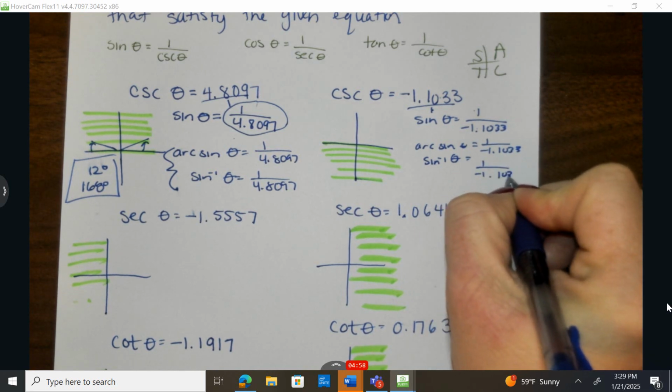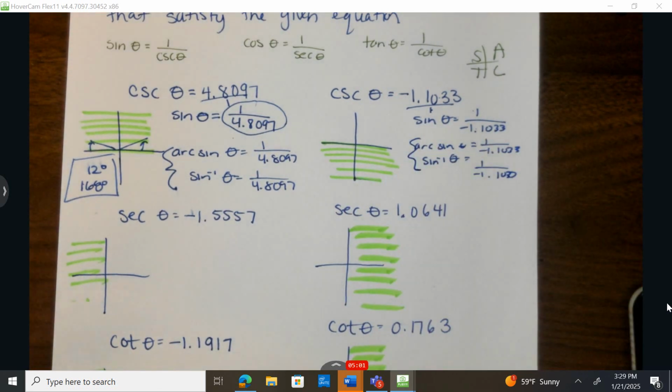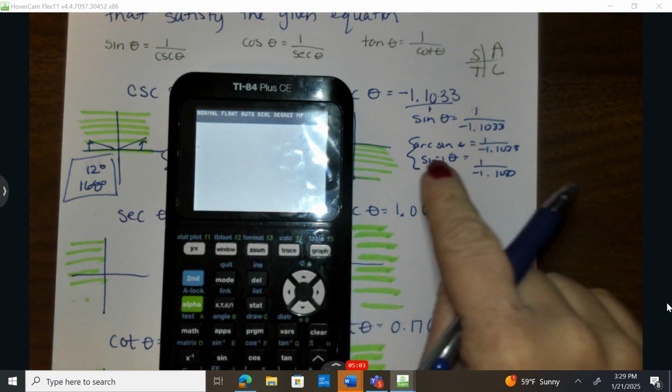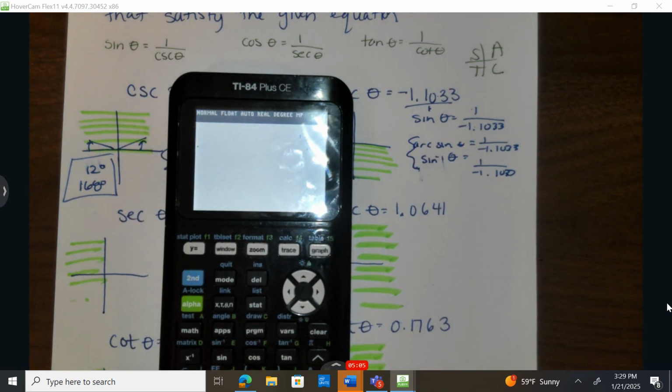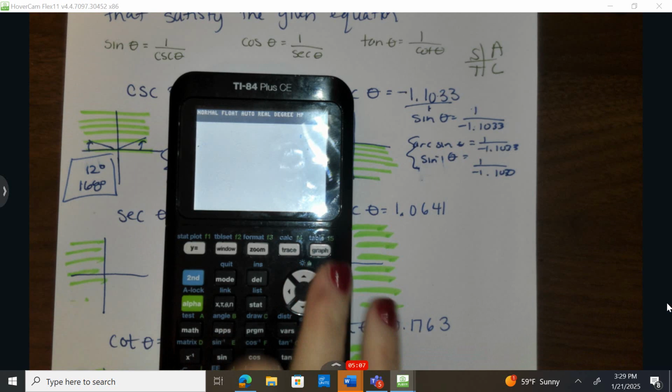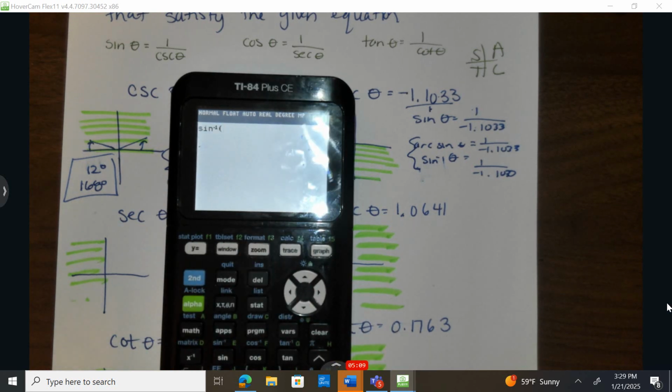It's not necessary for you to write it in both ways. I just want you to see that there are two ways to represent the exact same mathematical statement. Okay, inverse sine, I know that I'm within degrees, of 1 divided by negative 1.1030, and I get negative 65.